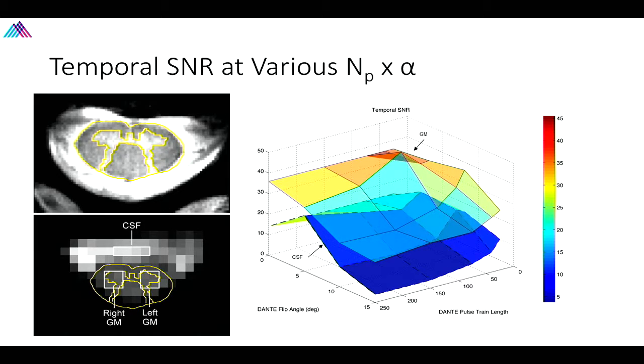So we're not focused here on minimizing TSNR in the CSF. We're focused instead on preserving and maintaining the temporal SNR in the gray matter. And as we know already, the TSNR is decreased somewhat by DANTE, so this needs to be balanced against the reduction in the absolute signal intensity of the CSF.